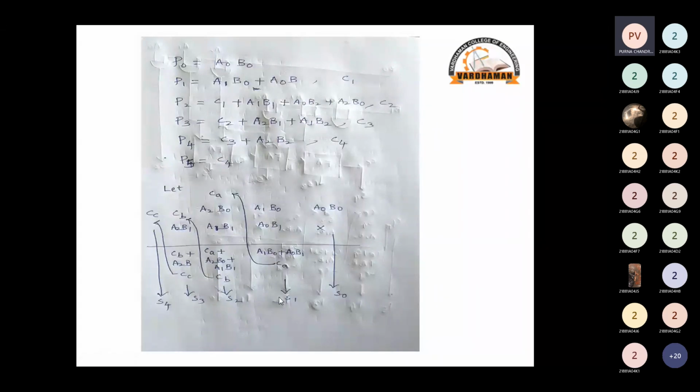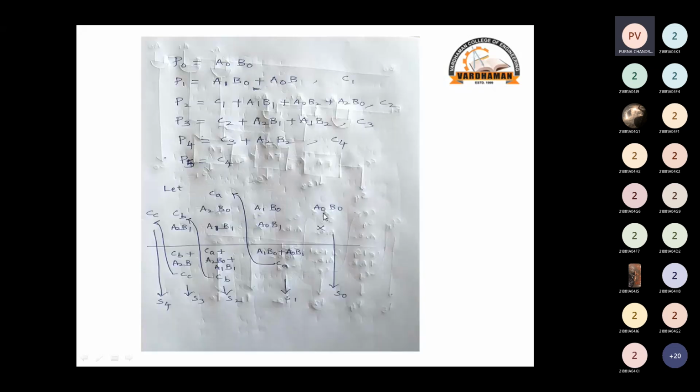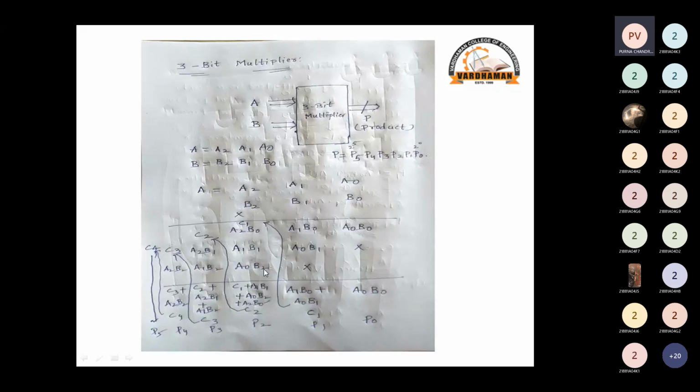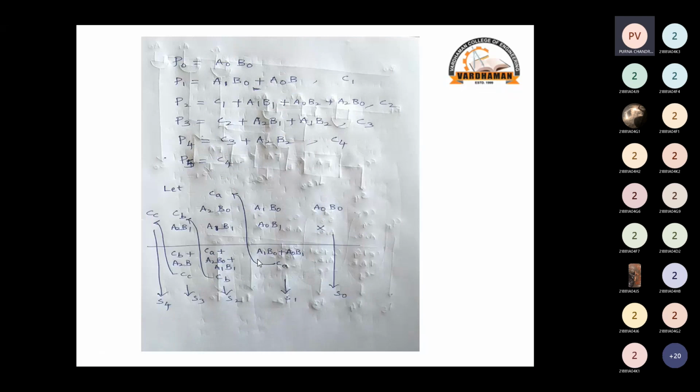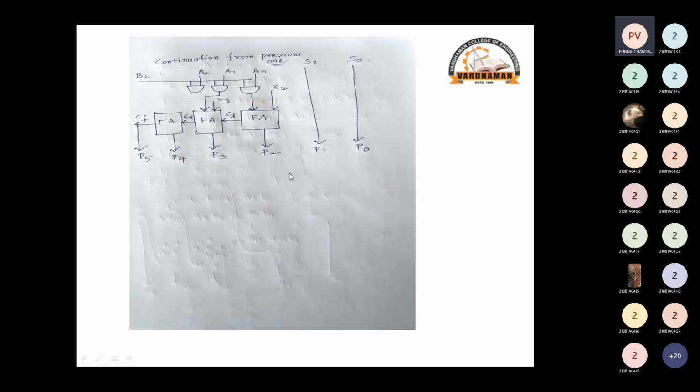After getting these expressions, we again add the remaining part, by putting plus marks, because S1 cannot be used directly. So S0 goes to P0, S1 goes to P1, and the remaining is addition again. This is how we can implement 2-bit and 3-bit multipliers.